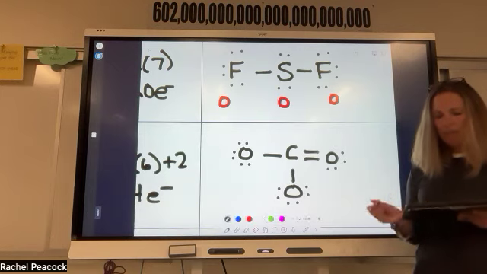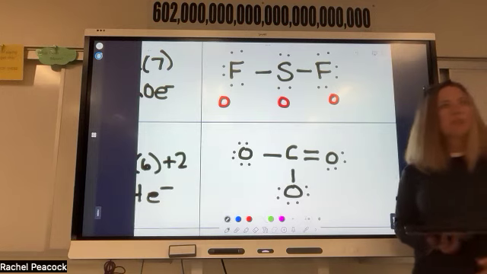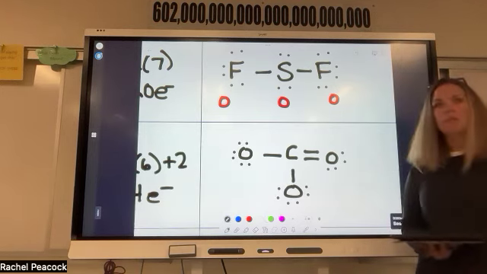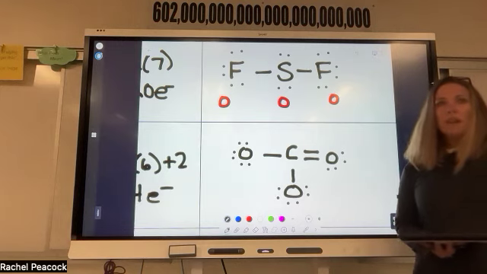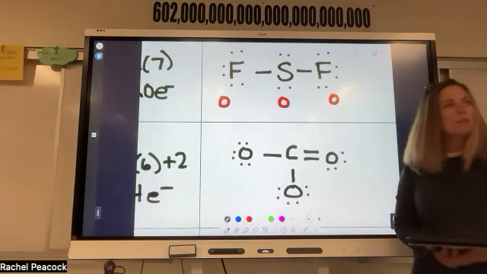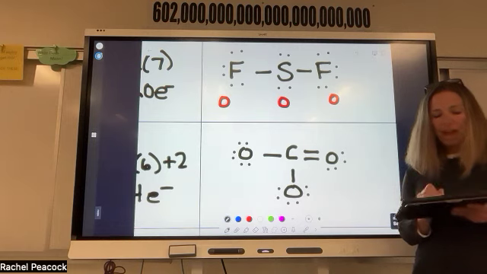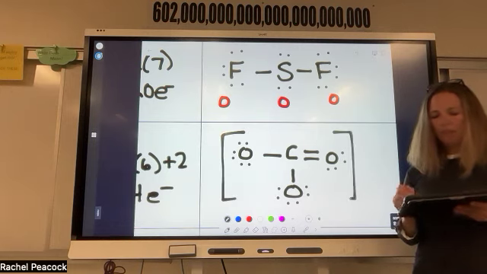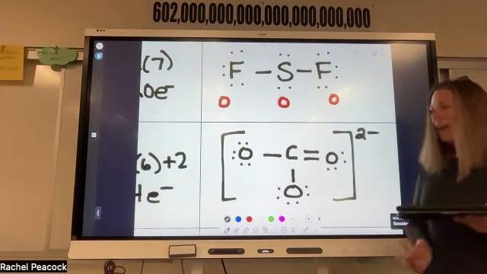Did any of you put it on the left? Raise your hand if you put it on the left. Raise your hand if you put it in the middle. Okay. Are any of us wrong? No. In fact, I'm going to draw my brackets like you were saying.